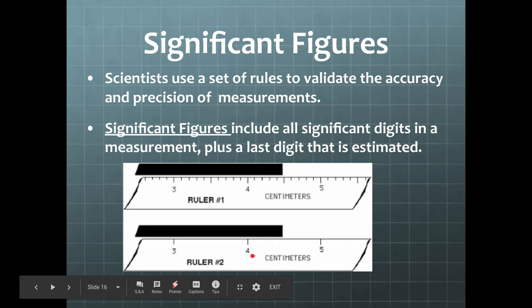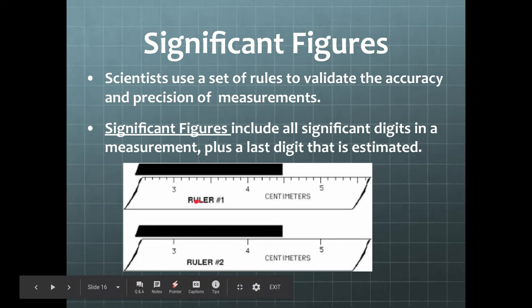Because it's larger than 4 but not quite 5, my first number is 4. And I have to estimate one place beyond. It's not quite in the middle, so not quite 4.5. I'm going to call this approximately 4.4 centimeters. That gives me 2 digits that tell me the length of this piece of tape.